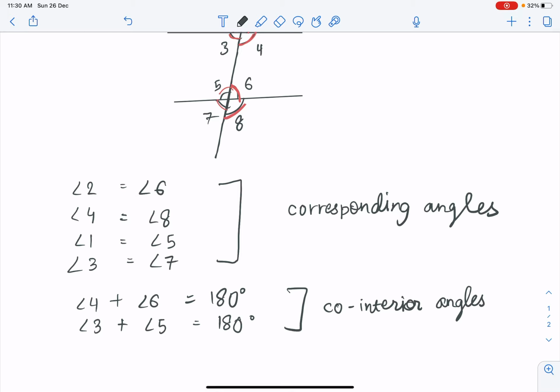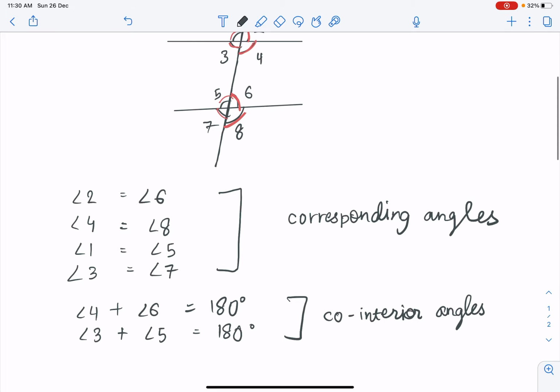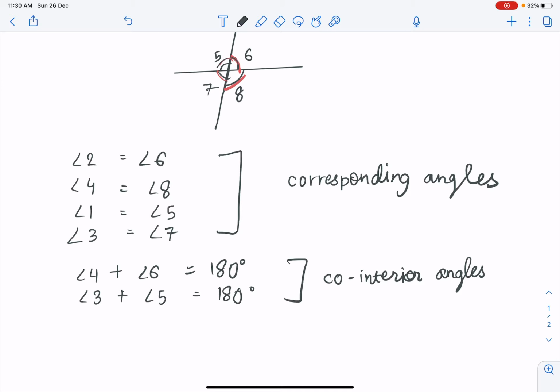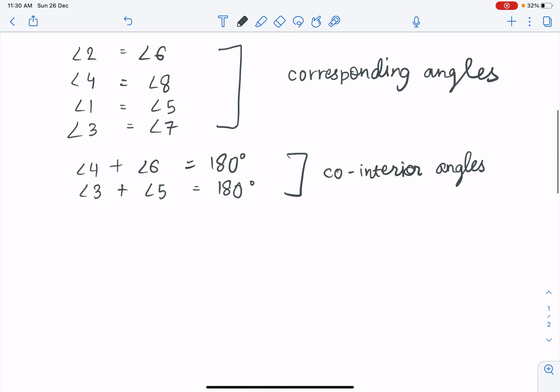Okay. Now we will see the third type of angle forming. Now see, this is your angle 3, angle 6, right? And angle 4 and angle 5. These two are forming your interior alternate angles. Okay. So let us write it.